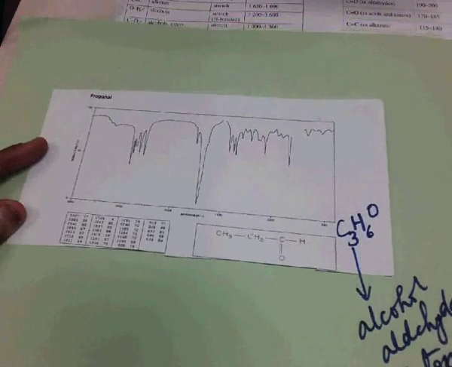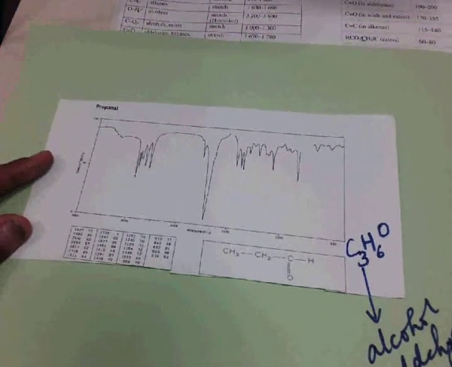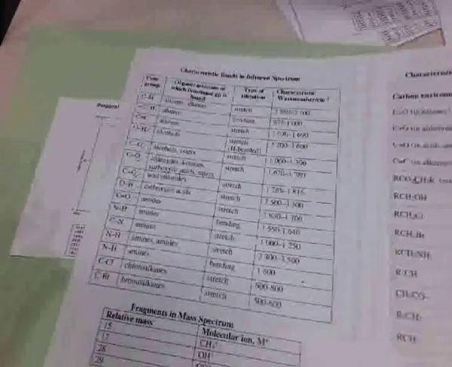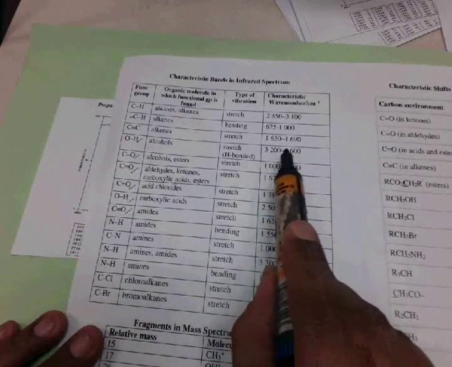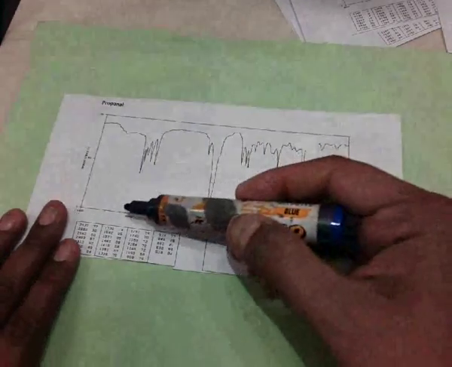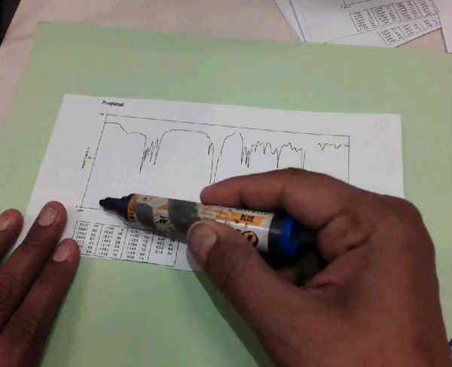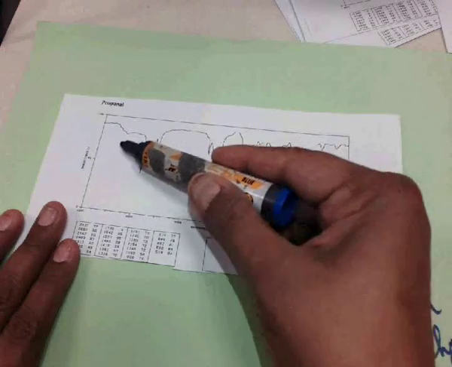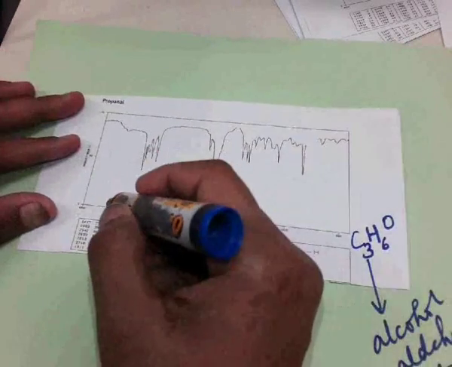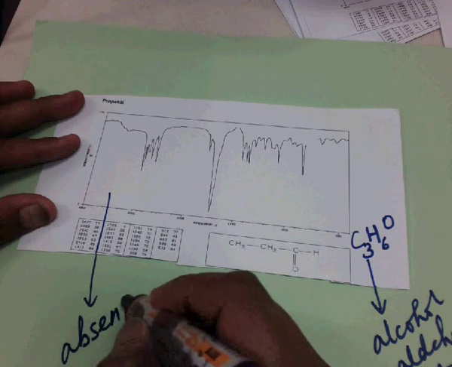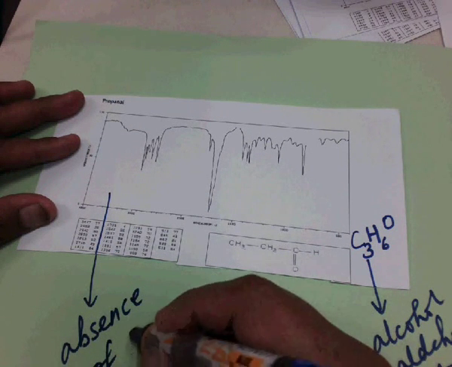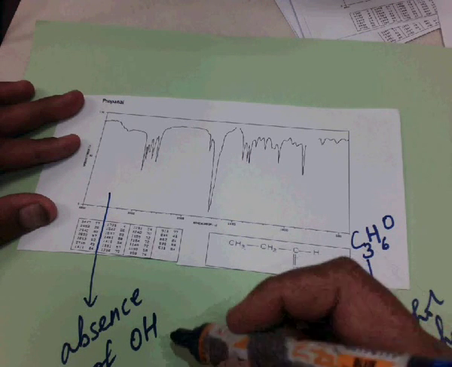Okay, so if it was an alcohol, according to our data sheet, we must have the OH stretch between 3200 and 3600. So I go and look at between 3200 and 3600, I have no activity on this. So I could just put an arrow and say absence of OH stretch.